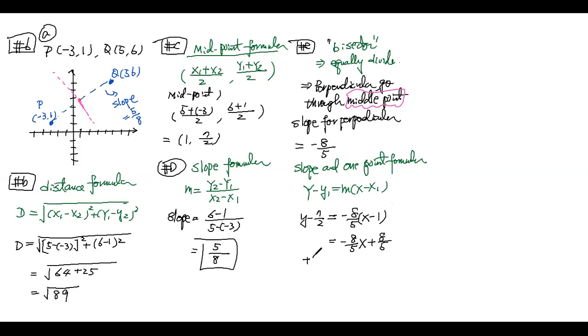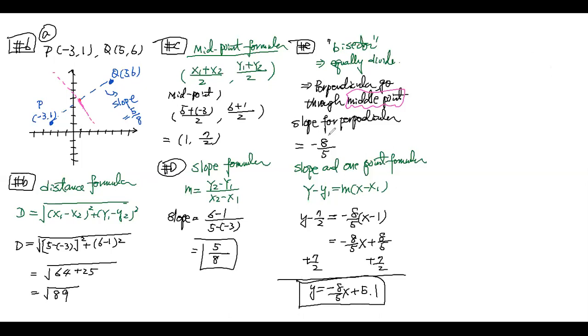You can move that over, 7/2 plus 7/2. So y is equal to negative 8/5 x plus 7/2 plus 8/5. So this is my linear equation here.